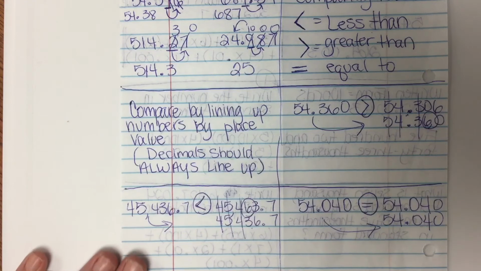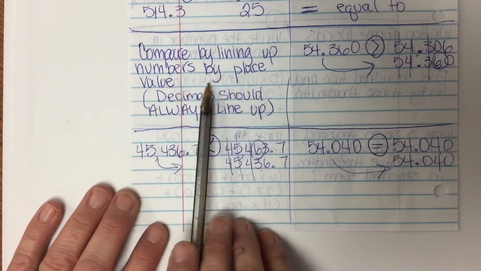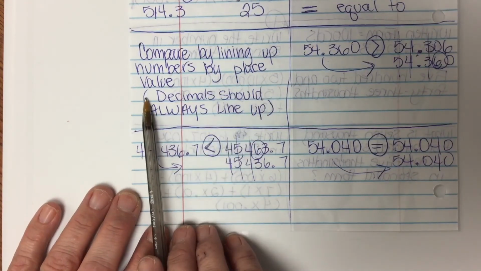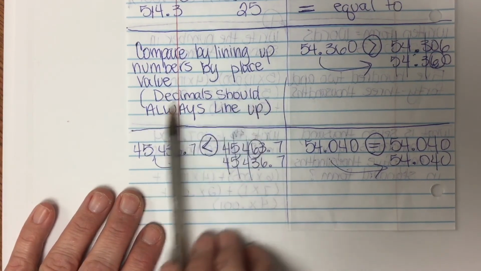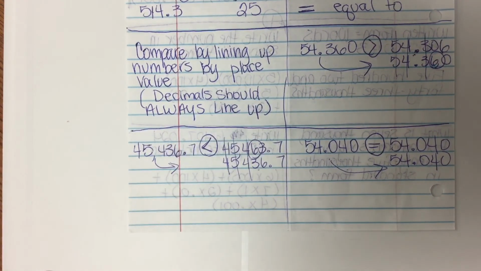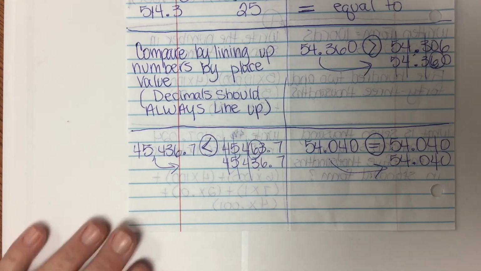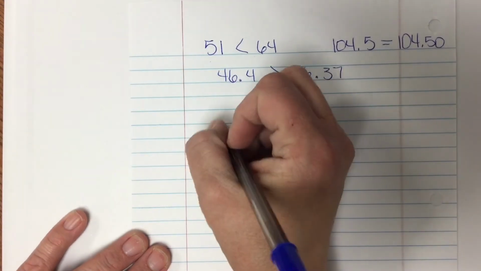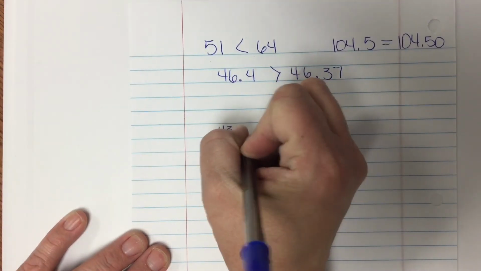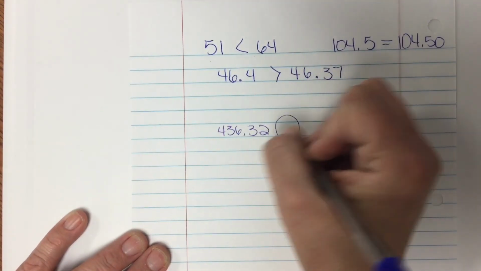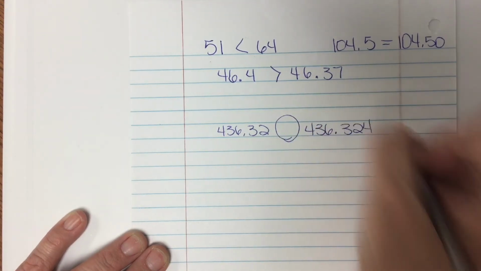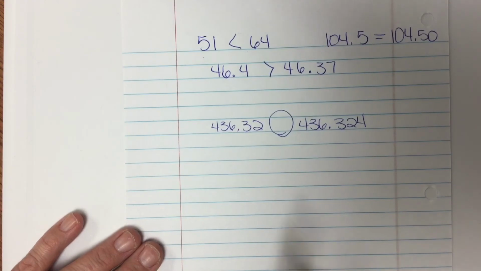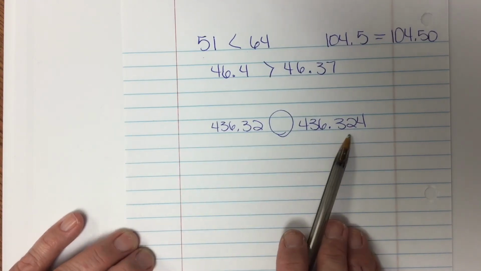Okay, we're going to compare by lining up numbers by the place value and the decimals if there is one. So if there's a decimal, you're going to line up by the decimal, which means the place values should also fall in place. Okay, if I have these two numbers, I'm going to compare them, greater than, less than, or equal to.